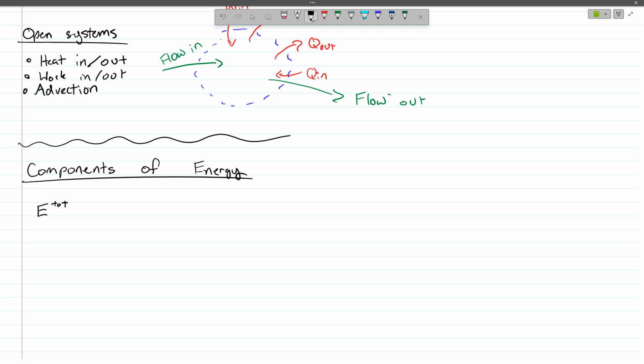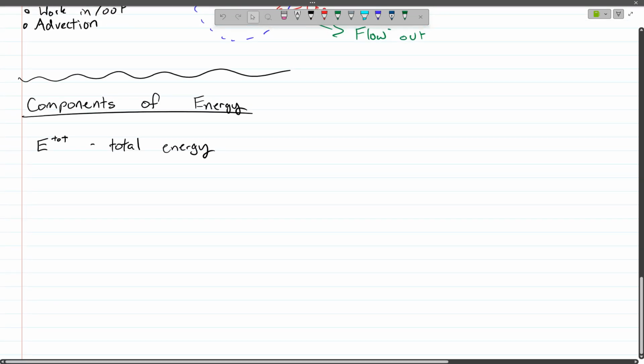So what do I mean by E-total? This is what is referred to as the total energy, and is composed of basically a bunch of different pieces.